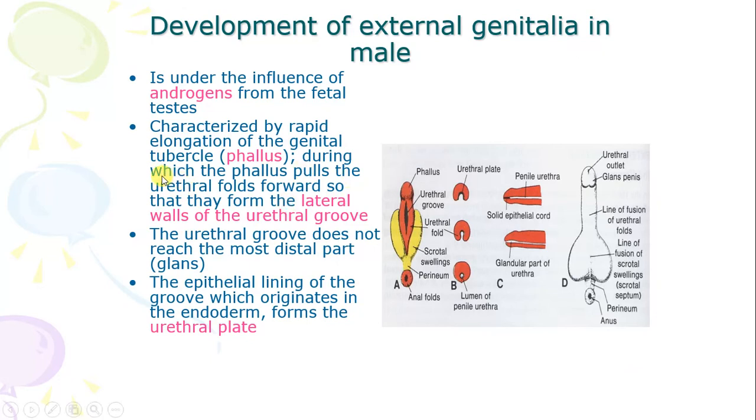So in the males, what happens under the influence of testosterone, the androgen produced by the Leydig cells? Rapid elongation of the genital tubercle forms the phallus, during which the phallus pulls the urethral folds forward, so they form the lateral walls of the urethral groove. Here you see the lateral wall of the urethral groove.